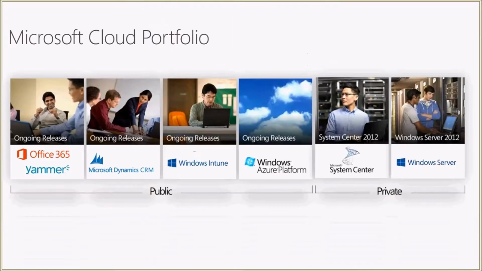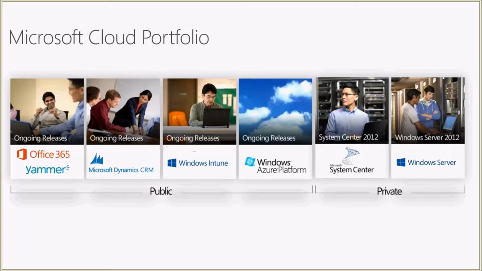And here we have the list of the cloud services and solutions that Microsoft offer. To the left-hand side, we have the public cloud, which we'll be focusing on, particularly Windows Azure. But it's also worth noting we have Office 365, Yammer, so hosted Exchange, hosted SharePoint, which are also IL2 compliant, CRM Dynamics, Windows Intune for managing devices and bring your own device policies, Windows Azure, which we'll go into more detail.